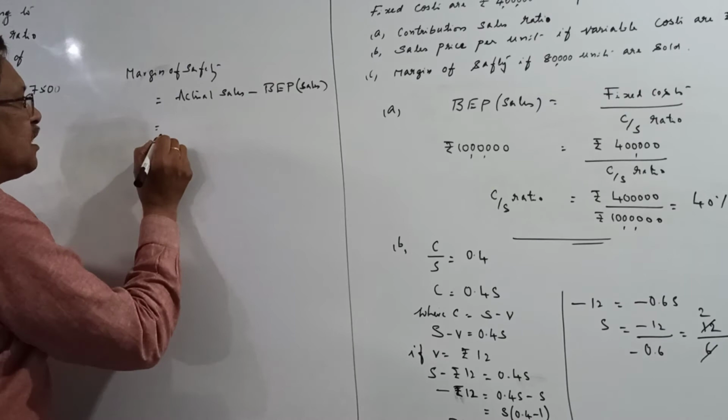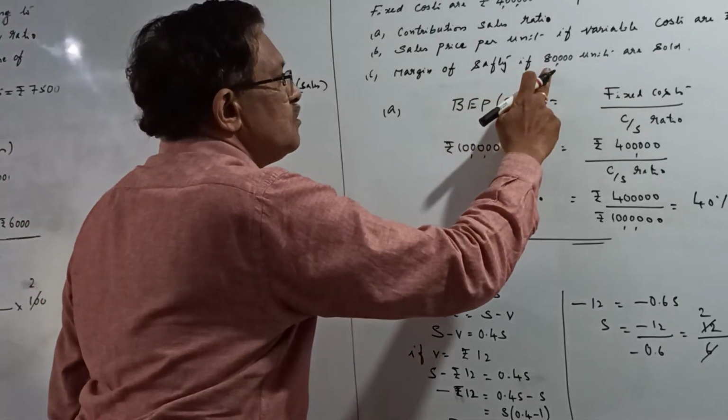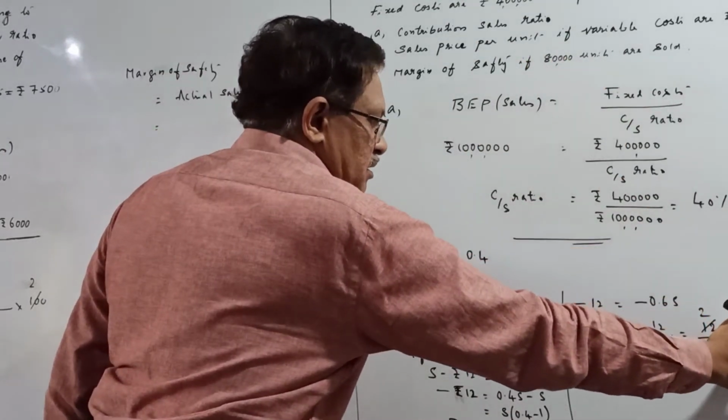Actual sales are nothing but 80,000 units we are selling, multiplied with selling price.